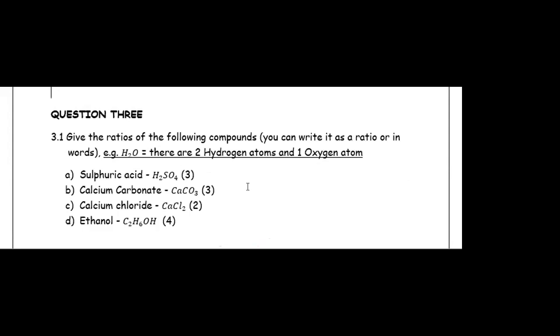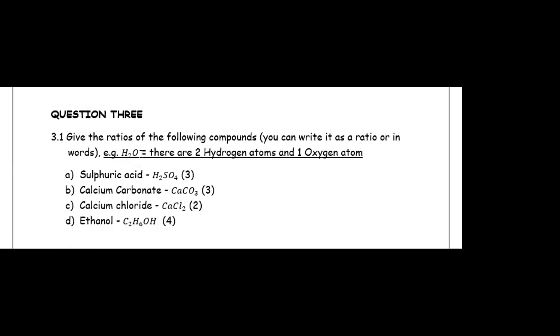If I ask you to write the chemical formula of hydrogen, it's just capital H. For water, it's H2O. But we also have other compounds and elements, so I'm asking you to put it in a ratio or in words.